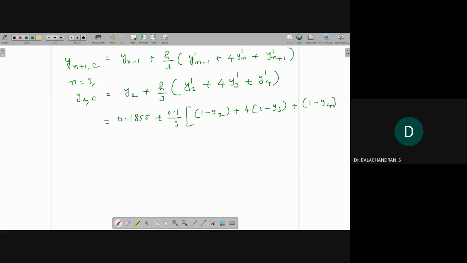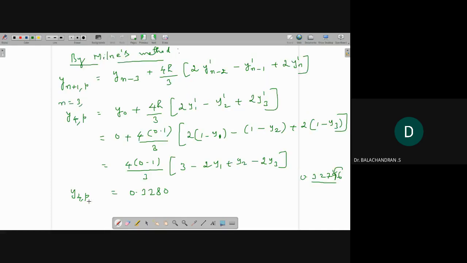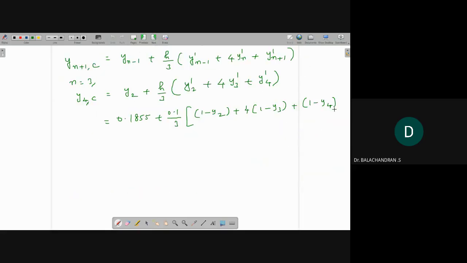Here you need to use the y4 value, that is y4 comma p. You should use this value. Close the bracket. So it is equal to 0.1855 plus 0.1 divided by 3.